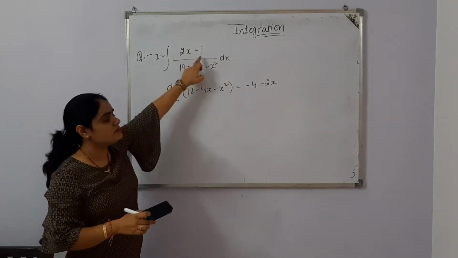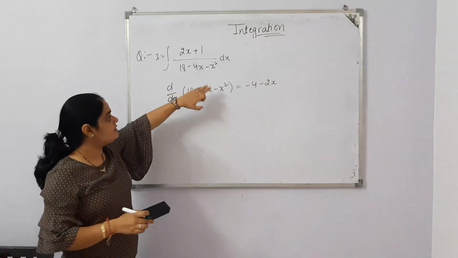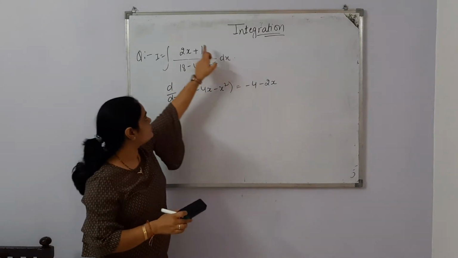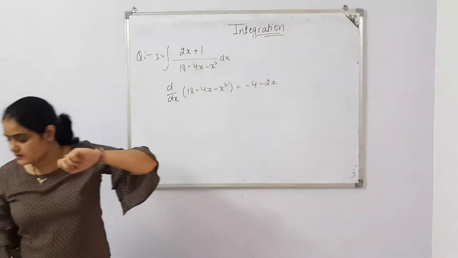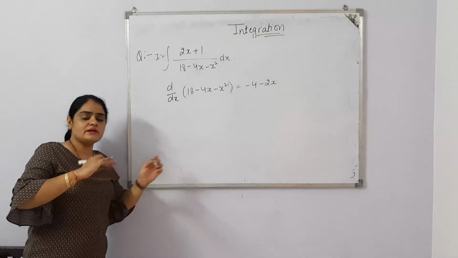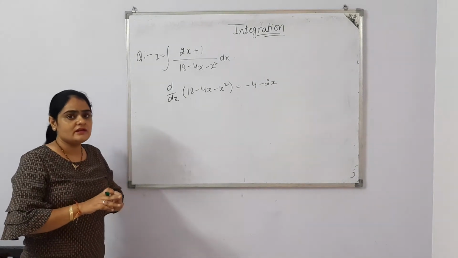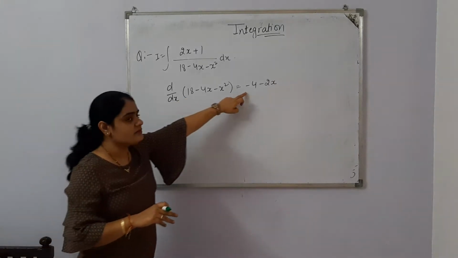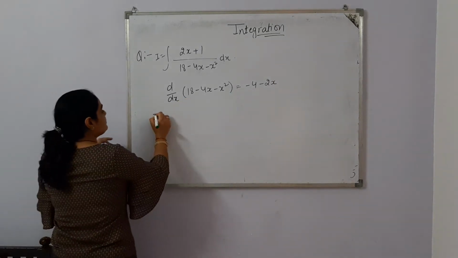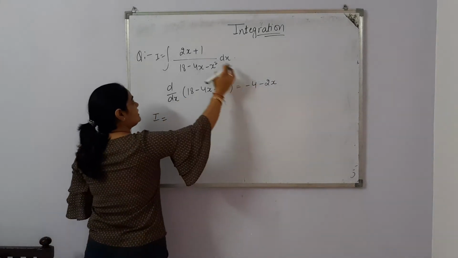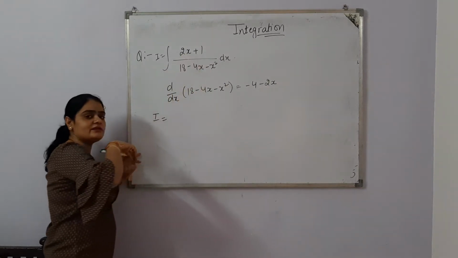Here it is 2x plus 1. So can we make minus 4 minus 2x in the numerator by multiplying or dividing by some term, or doing something? So we can make this term. First of all, we need a negative sign with x, so minus 2, we need minus 2.